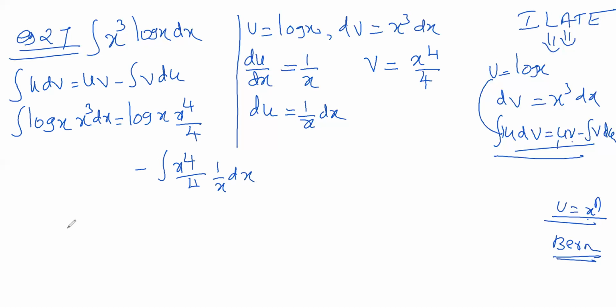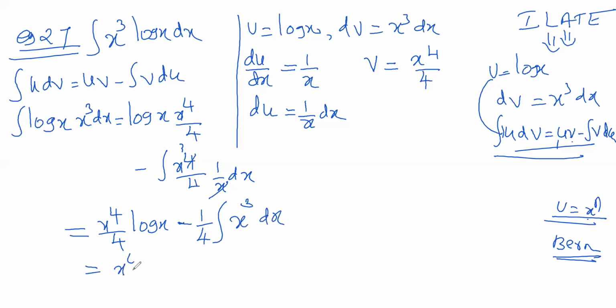So it is x power 4 by 4 into log x minus, in this integration, 1 by 4 is a constant, taking 1 by 4 outside, 1 by 4 into integral of x, and here this x cancels, so we have x cube dx. That is x power 4 by 4 log x minus 1 by 4 into integral of x cube, which is x power 4 by 4, plus c.